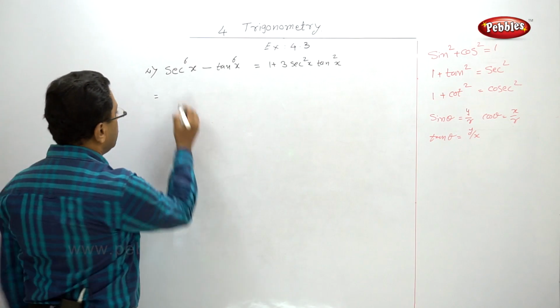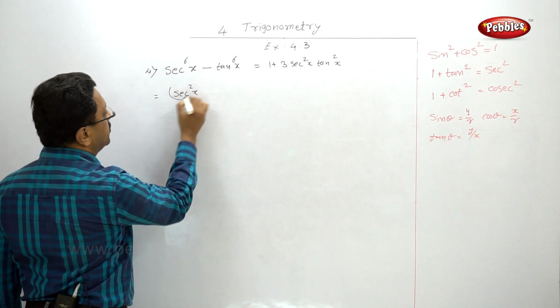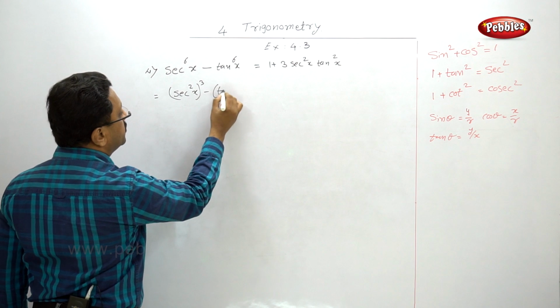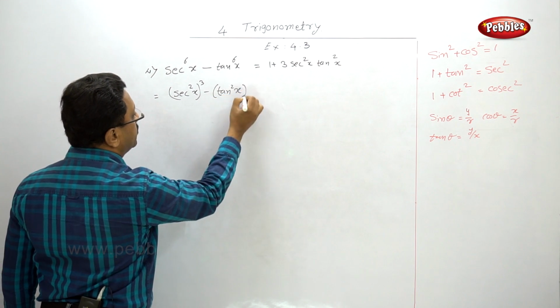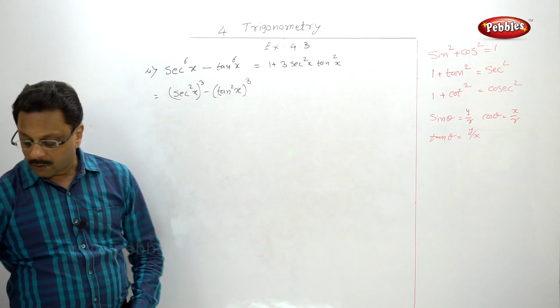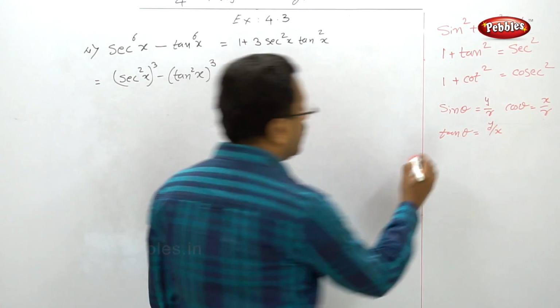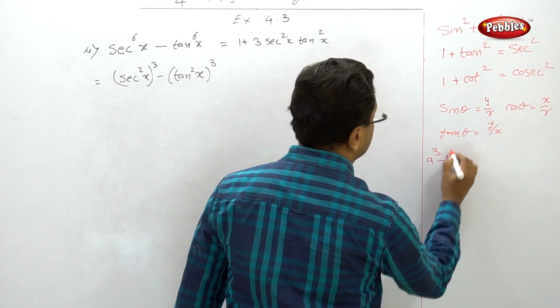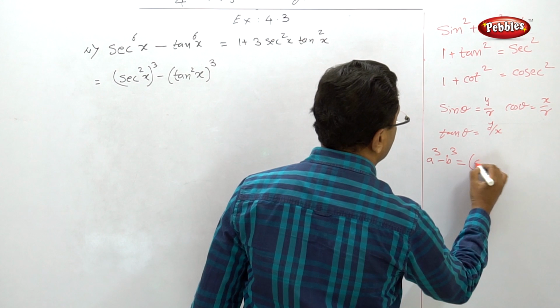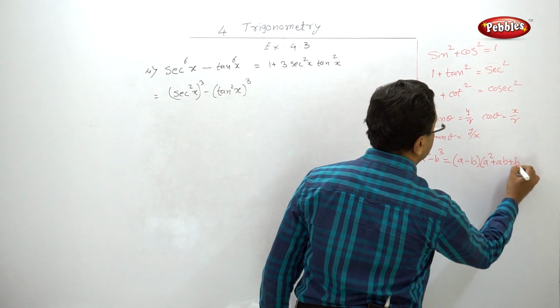So your left hand side is, I can also write this as sec square x whole cube minus tan square x whole cube, isn't it? Now, do you remember the formula for a cube minus b cube? A cube minus b cube is equal to a minus b, a square plus ab plus b square.